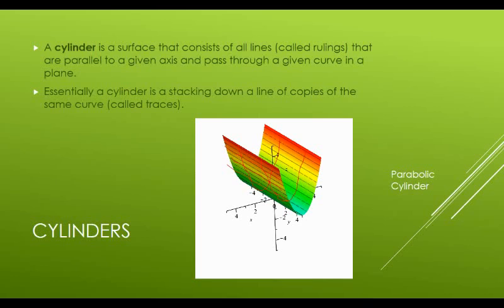The parabolas that are being stacked are called traces, and the lines that the parabolas are being stacked through are called rulings. And that's what makes a cylinder. So a cylinder is essentially a graph that has been stacked through a bunch of lines.